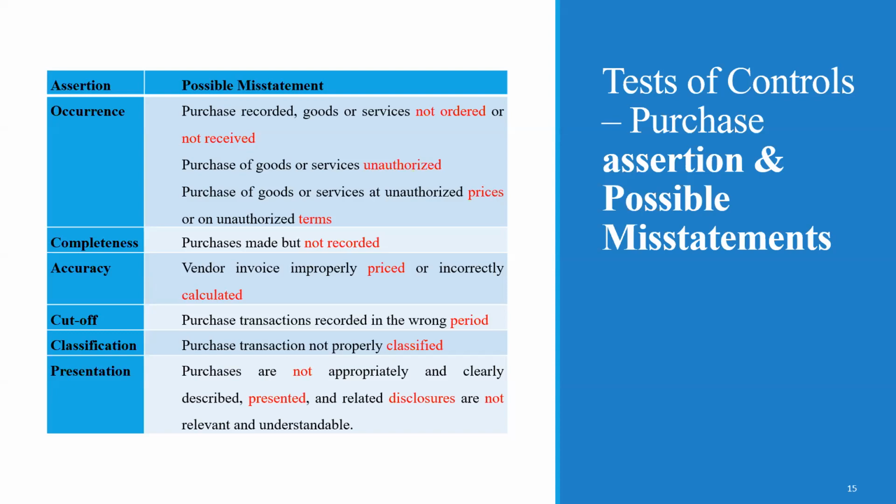The pricing from the purchase order to the invoice. So price and amount, the items in the purchase order and in different documents should match each other and be correctly calculated. Therefore, for the accuracy assertion, how would you design your test controls?